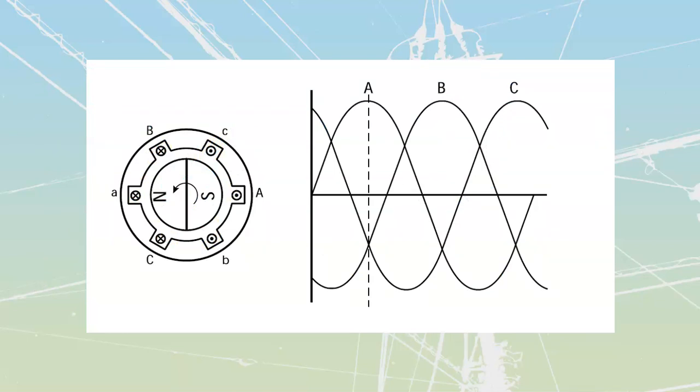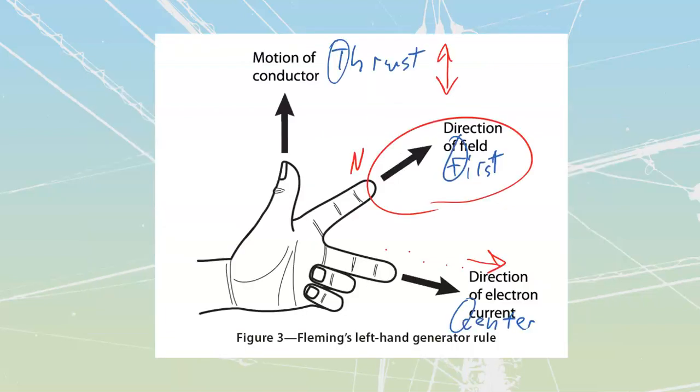Let's take a look at how those currents actually develop. Over here, we have a set of windings shown. We also see our rotation, north-south, and the thrust we're going to have on our conductors. Remember that the thrust is always looking at the motion of the conductor.